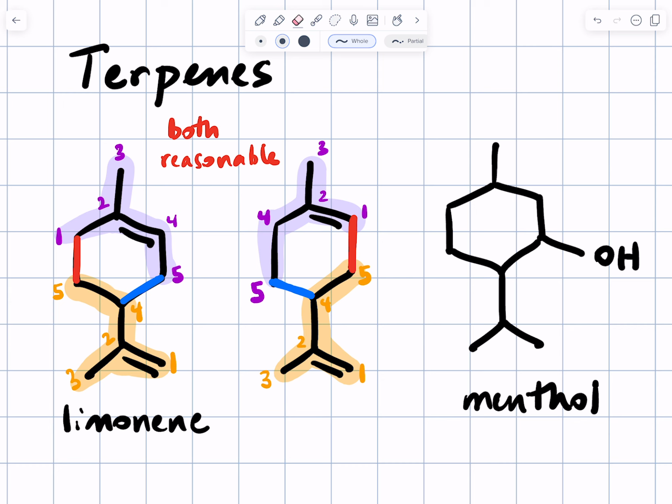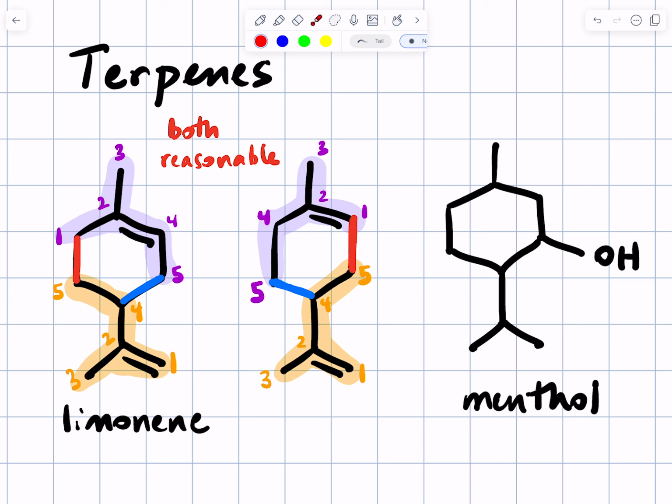Those are both reasonable hypotheses. You could draw a mechanism for both that would legitimately lead to limonene using both of these strategies, and it would be fine. Sometimes you're going to come up with more than one strategy for identifying isoprene units, as long as it makes sense to me.